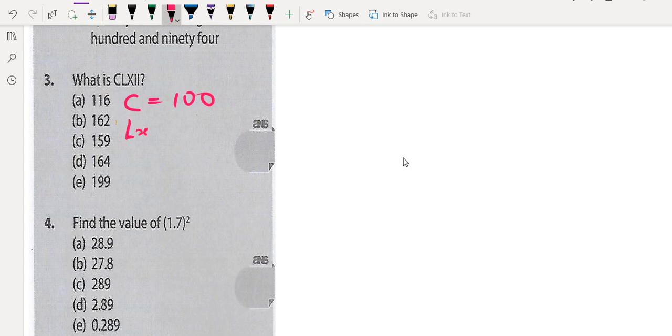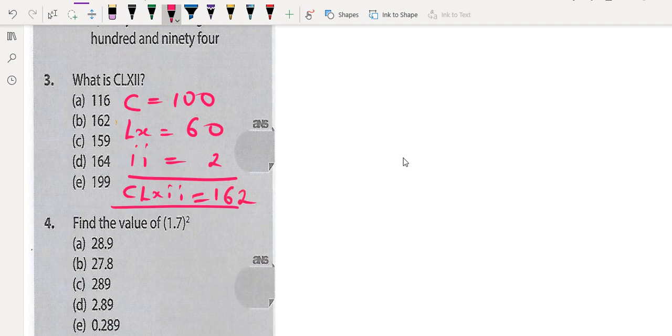Then 60. Then I. 2. So CLXII is what? 162. Option what? Option B. Okay. Number 4.